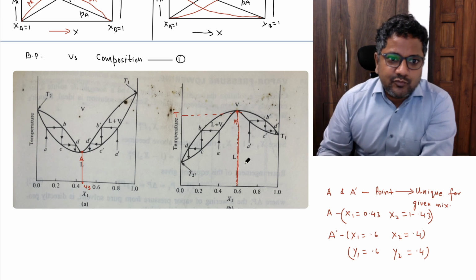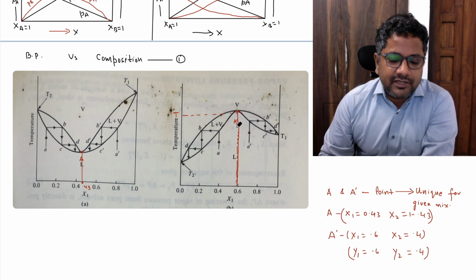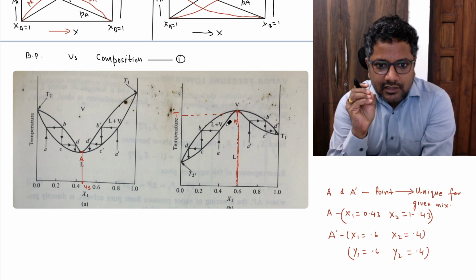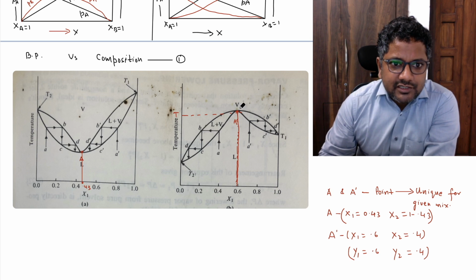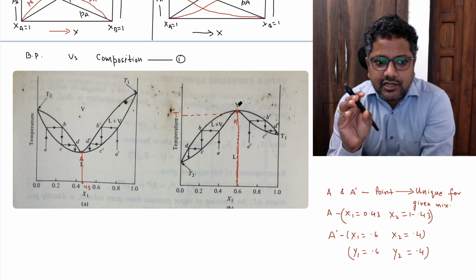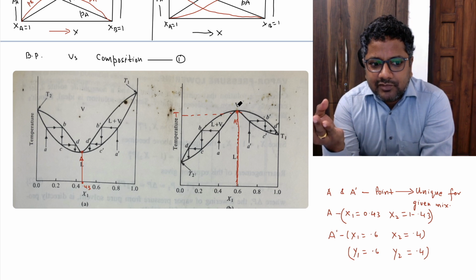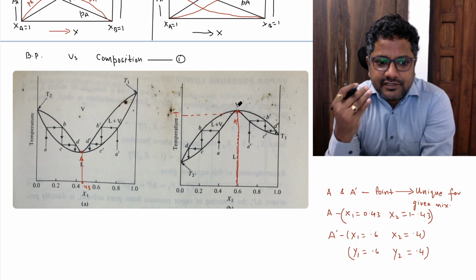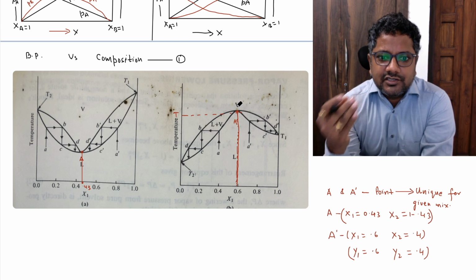So at this point, the liquid and vapor phase compositions become the same, and temperature is the same for both. So you can say the whole mixture will boil at the same temperature and condense at the same temperature, and therefore you cannot separate them by fractional distillation.